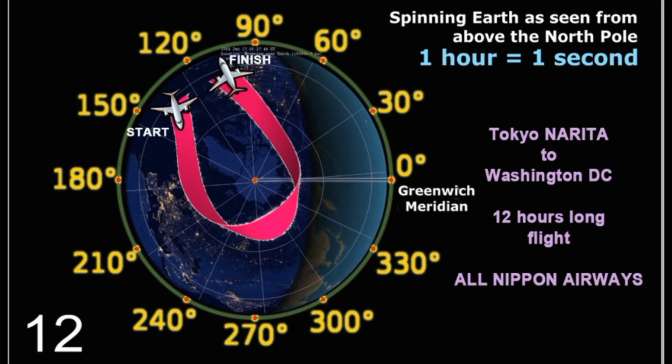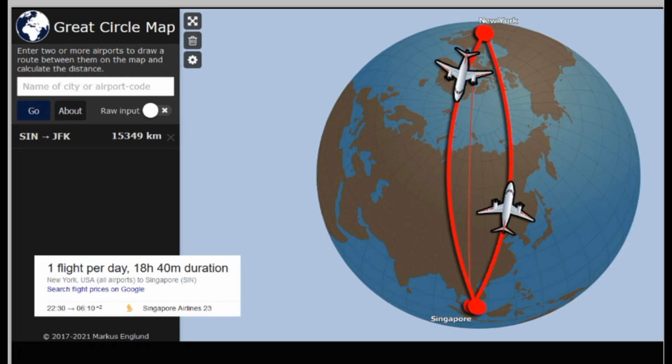Let's go ahead and look at our 2 final flights. This is our final flight, and we're going to cover both ways. Now, this is a flight from Singapore to New York. It takes 18 hours and 40 minutes, so I rounded up to 19.